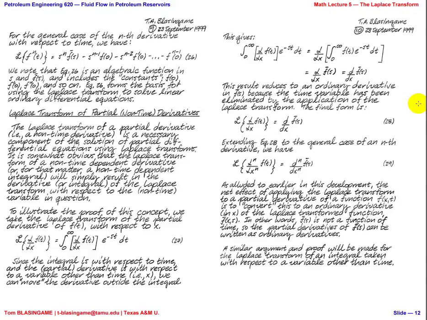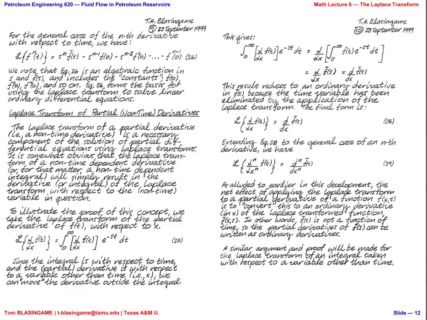And you have to have as many conditions as you have derivatives, right? So, for example, with n equal to 2, you have to have two conditions, right?